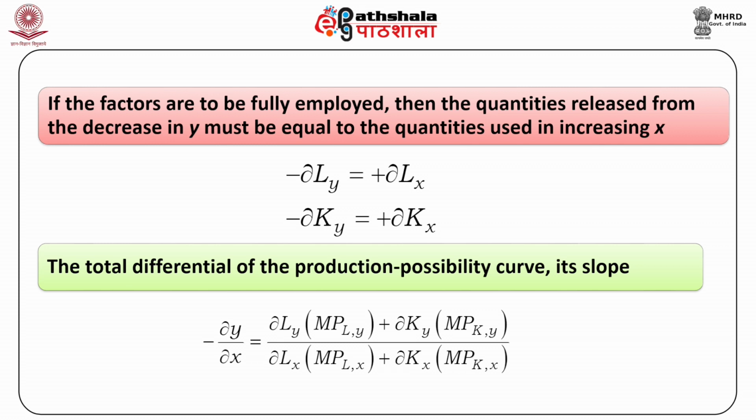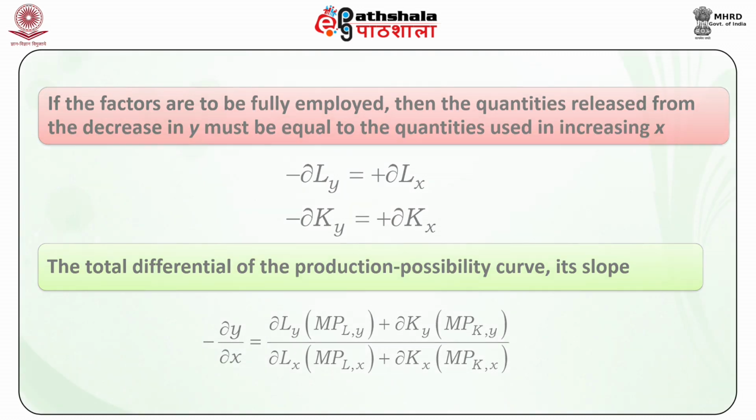This is the entire product due to which is falling in the case of y, and correspondingly look at the denominator, it is del Lx into MP Lx plus del Kx into MP of Kx.